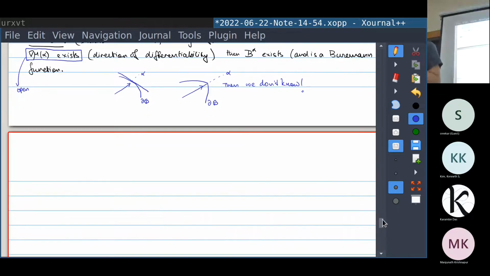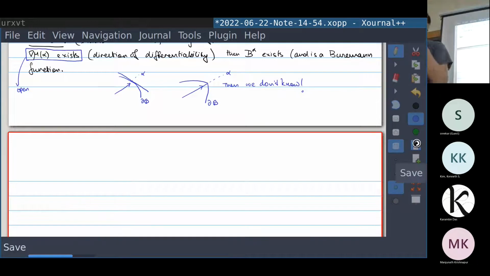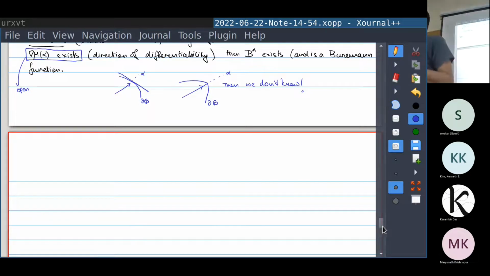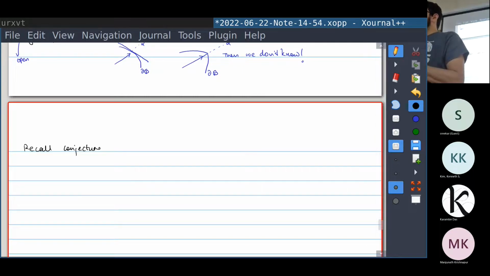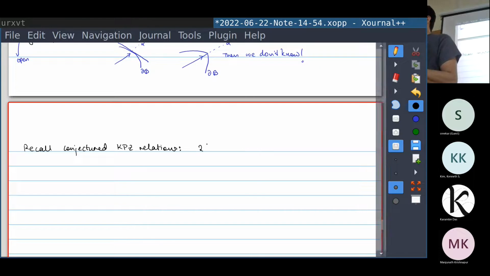Okay, so now I have to make a connection back from these Busemann functions to the KPZ behavior in d equals 2. So recall the conjectured KPZ relations: 2 chi minus 1 equals xi and 2 chi equals xi in d equals 2.